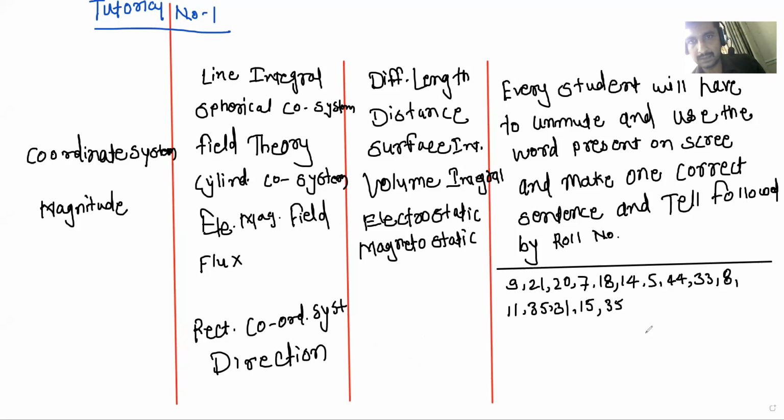Only those are present here in the tutorial. Sir, distance. Roll number 51. Okay, go ahead about distance. Distance is nothing but the magnitude, a magnitude between the initial point and the final point.